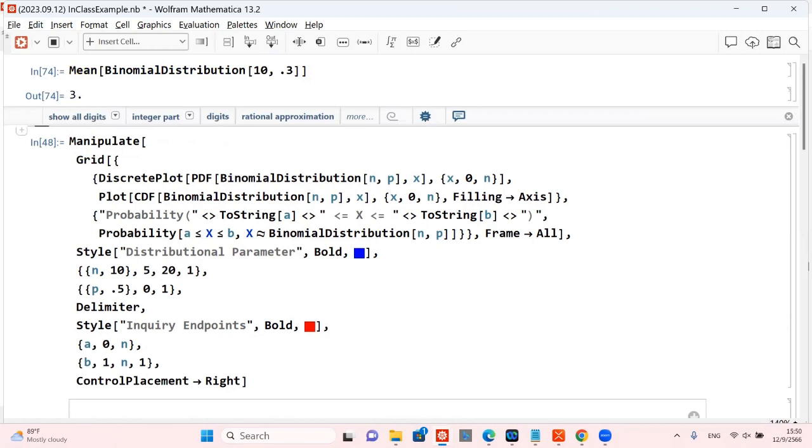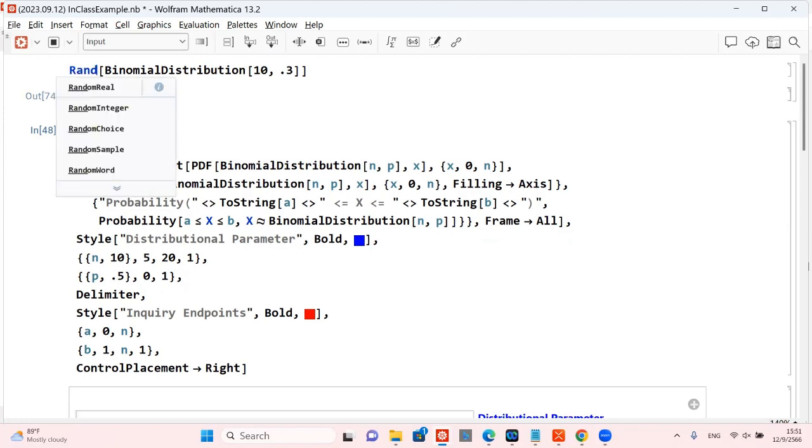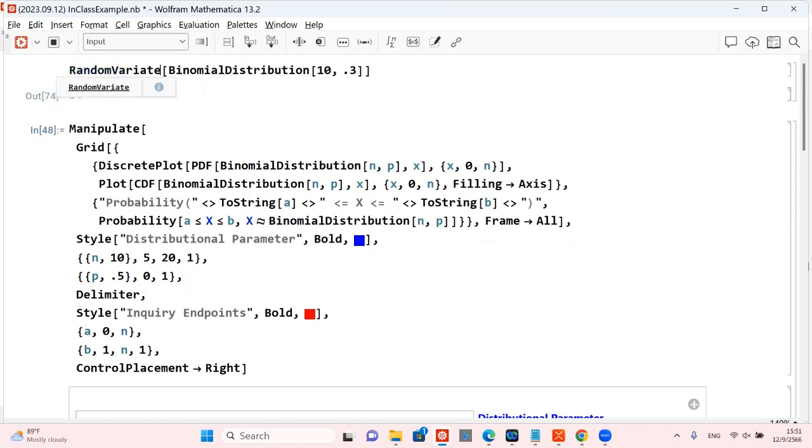Now, let's play God. How do we play God? What if I were God? I would specify the distribution parameters 10 and 0.3. I don't give that solution to humans. You know what I give them? I give them a sample. So how do I give that? I give them what's called a random variate. That's very important.